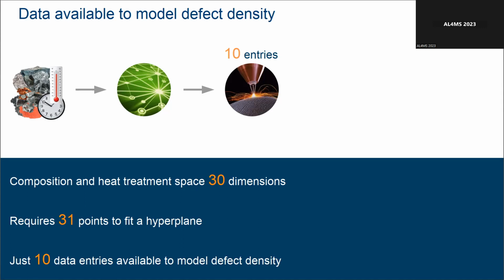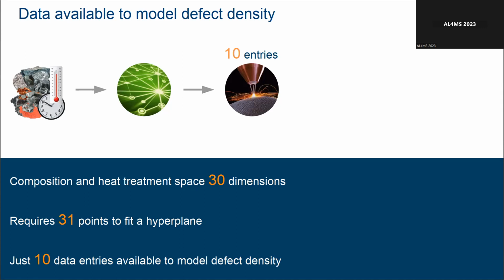The simplest machine learning model we could possibly fit to this system is going to be a hyperplane, and to fit a 30-dimensional hyperplane, we need 30 pieces of data for the gradient in each direction, plus one more piece of data to get the offset of the plane. And so frankly, it looks like we're stuck. We've got an impossibly small amount of data.